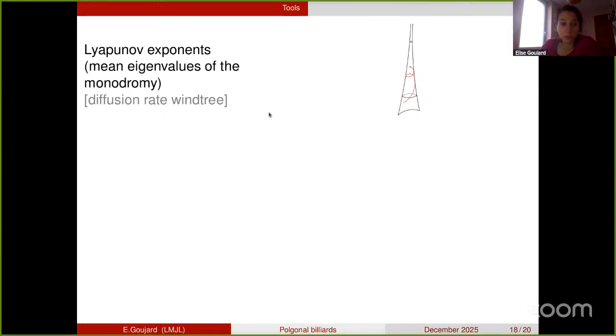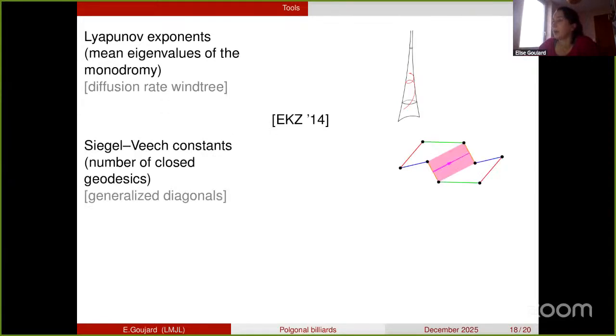And the 2/3, that was the diffusion rate for the classical Ehrenfest wind-tree model, is some Lyapunov exponent of some moduli space obtained from your billiard. There are also other invariants on the moduli space that are called Siegel-Veech constants, that are responsible for the count of closed geodesics on surfaces.